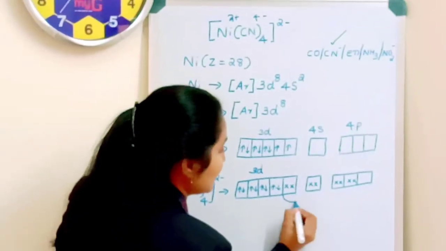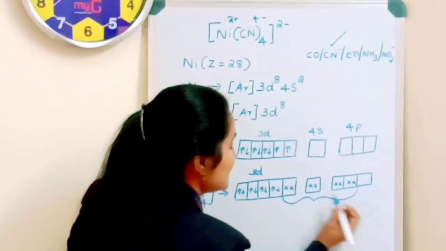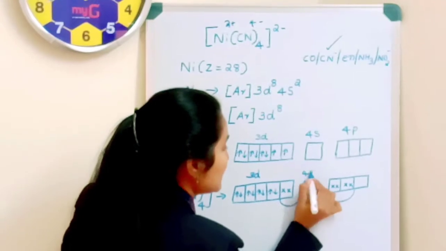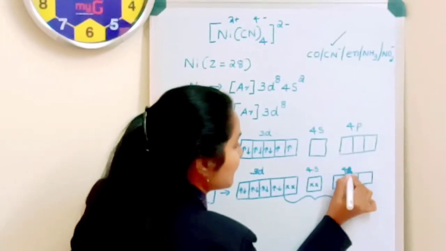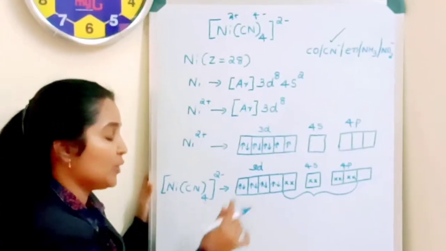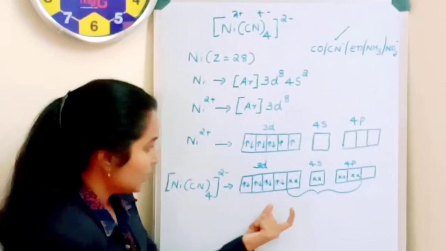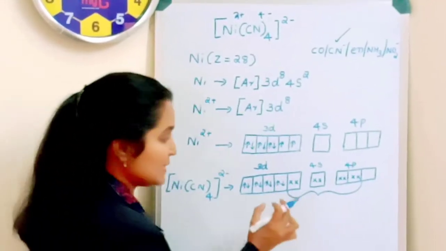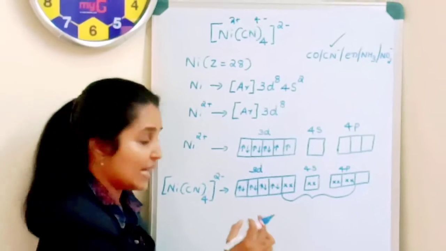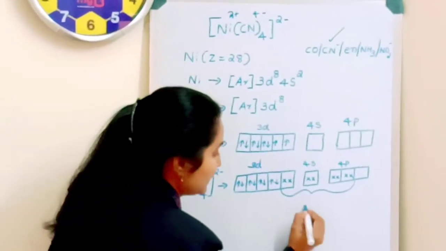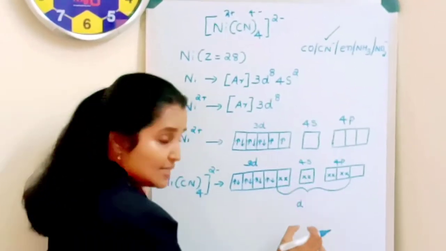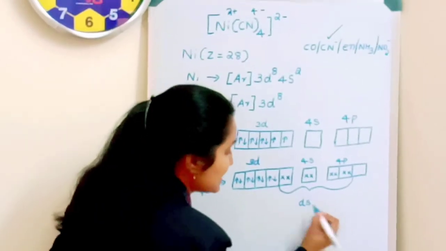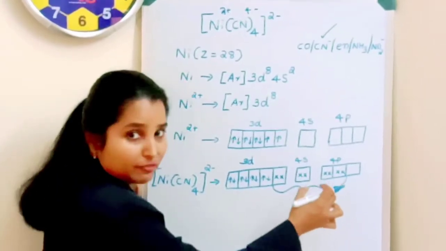Now you can see, this is 3d, this is 4s, this is 4p. Among this 3d, one is involved in the formation of a hybrid orbital. So d, 1s, and 2p orbitals are involved.